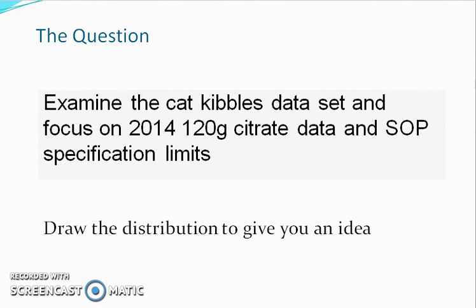Now, as always, whenever we do any statistical techniques, I've always advised my students to draw the distribution to give you a visual idea of what is going on. In most cases it's easier if you draw that bell curve and indicate where the spread limits are and where the specification limits are. It is sometimes easier to work with that than to work directly with the numbers.